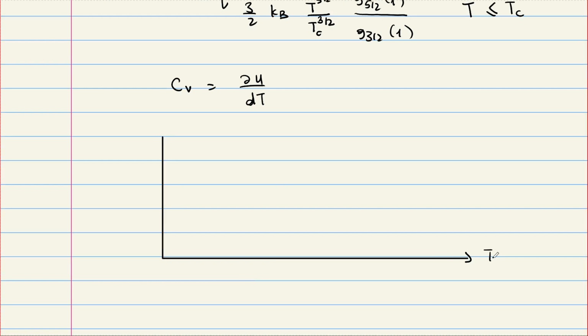So this is Tc, and there is a critical point. So at very high temperatures, in a three-dimensional gas, what is the specific heat at very high temperatures, like a classical Dulong-Petit kind of gas?